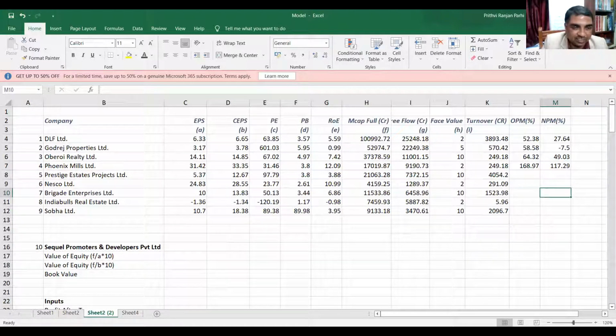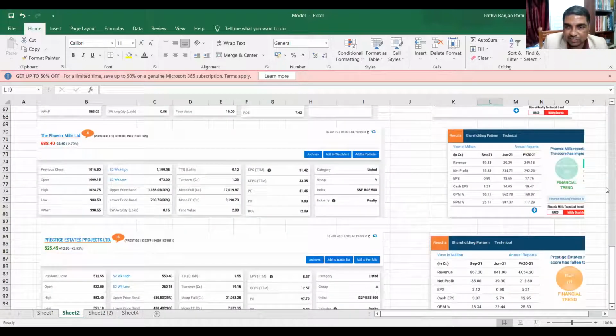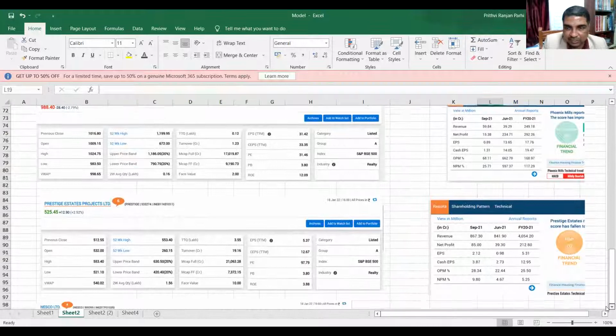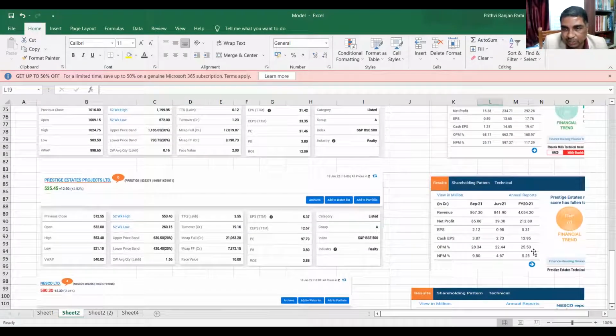Next is Prestige Estate. You see the data, this is 25.5 and 5.25.